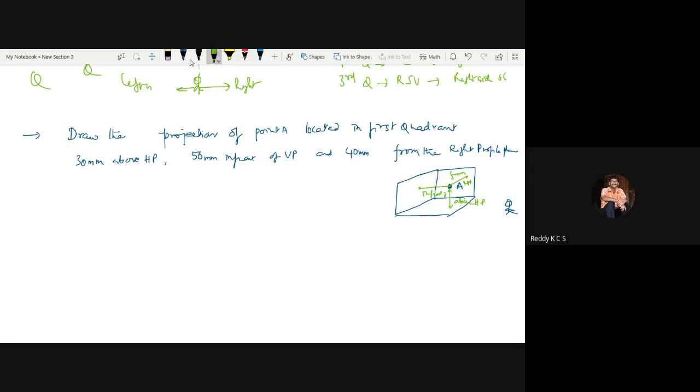So this is 40, and above HP distance is given as 30. Then he has given this 50 mm in front of VP. So now you just draw the projection of this, because it is a first quadrant.